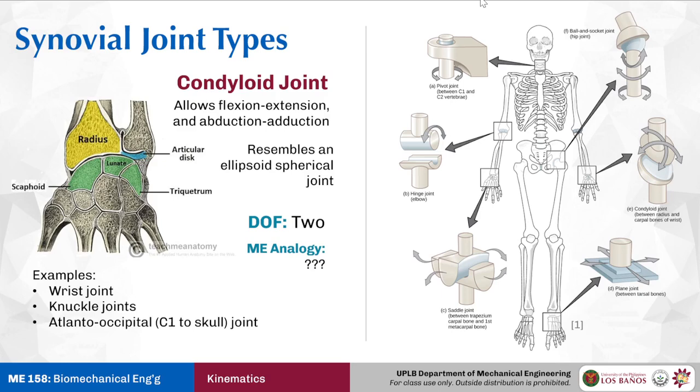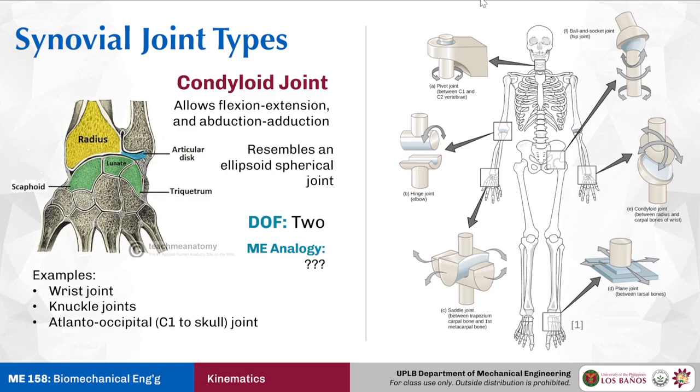The condyloid joint is just one joint essentially. Examples of these are your wrists, your knuckles, and the atlanto-occipital joint, which connects your skull to your neck.